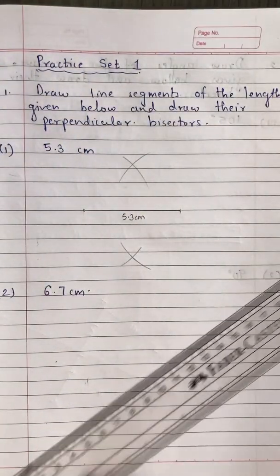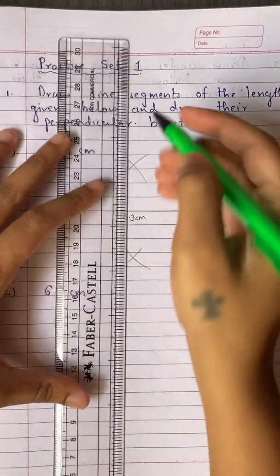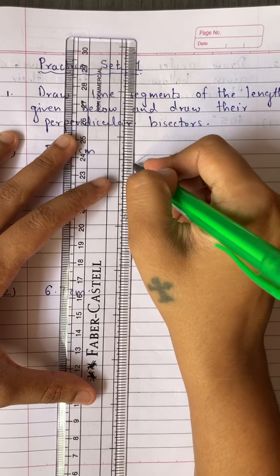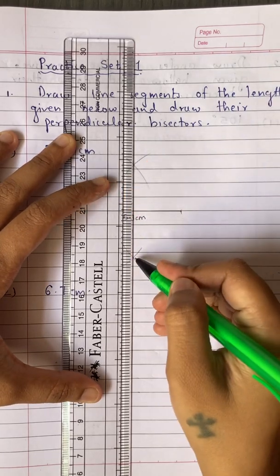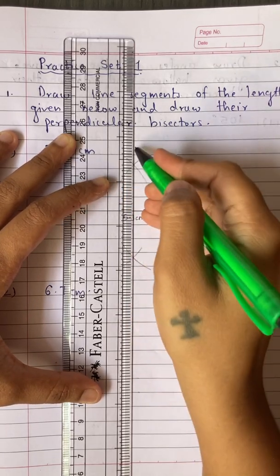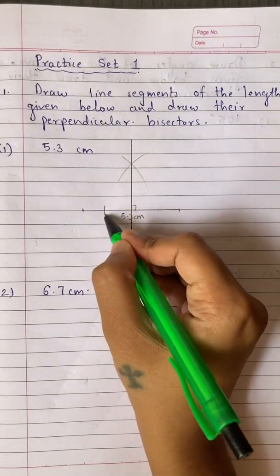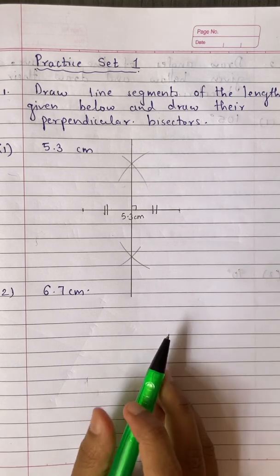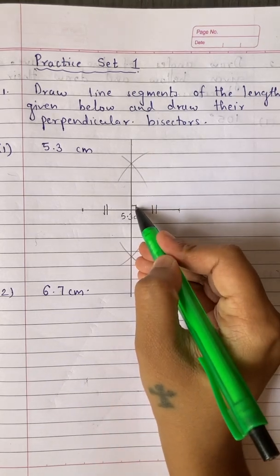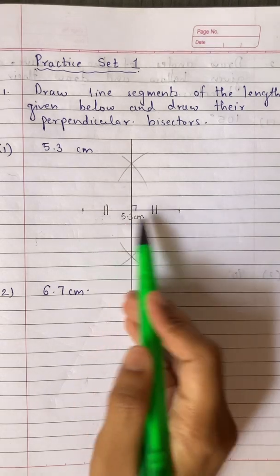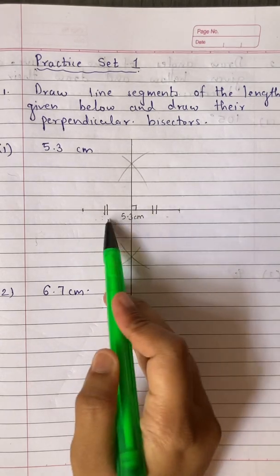And then we get an intersection point. You have to pass line through those intersection points. Now what do we get? We get perpendicular bisector. Okay, so perpendicular is represented by this angle and bisector by equal symbol on both the segments which have been bisected.